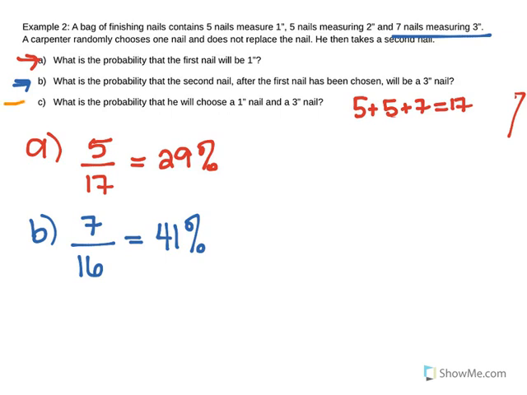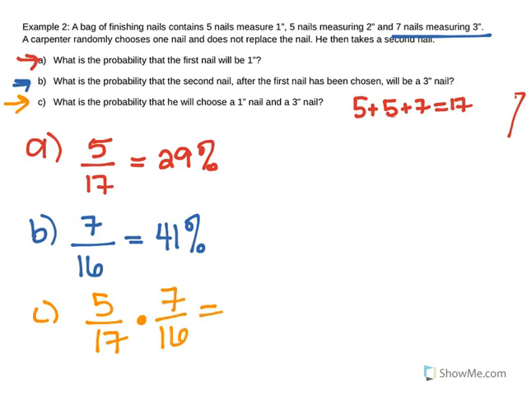Part C is asking what is the probability that both of those things will happen. So to figure that out, what we do is we multiply our 2 fractions together. And what we should find is that it's less likely for both things to happen because there's way more restrictions being placed on this. So we have 5 over 17 times 7 over 16.